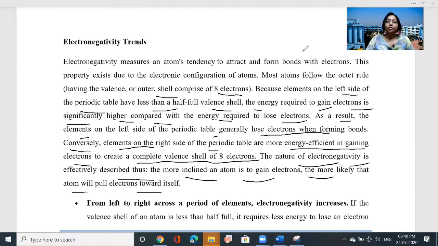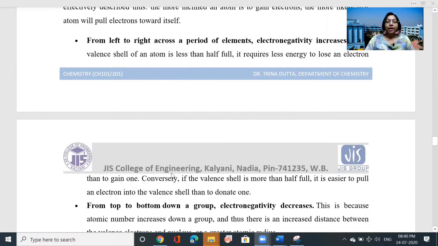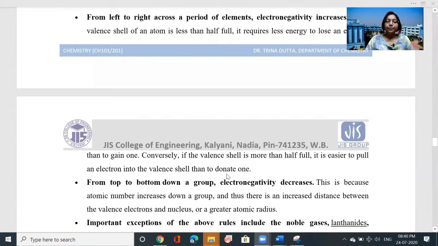So what we can conclude is that from left to right across a period of elements, electronegativity increases. If the valence shell of an atom is less than half full, it requires less energy to lose an electron than to gain one.